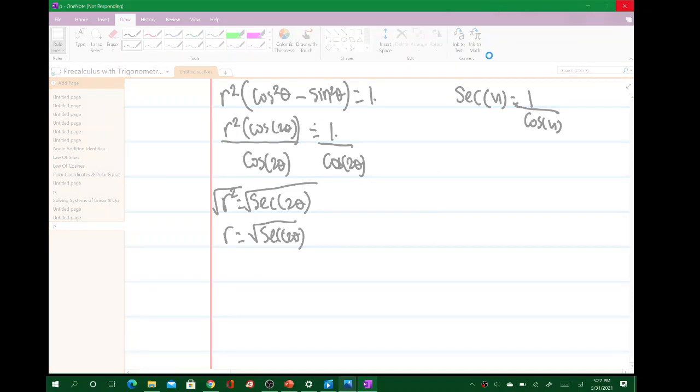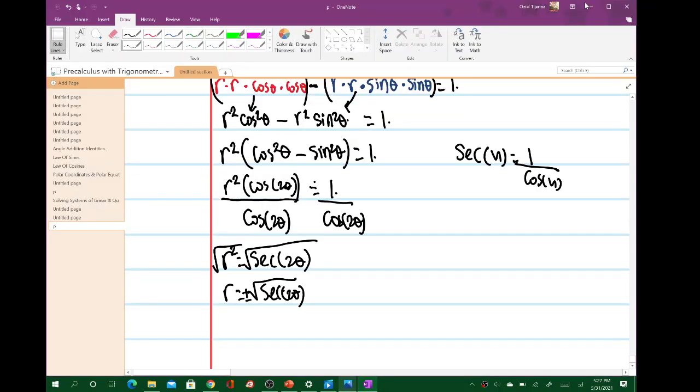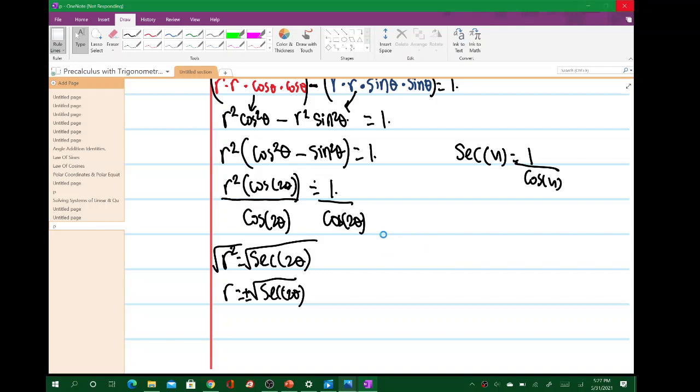So if somebody views this and I made a mistake, please let me know, because I don't have the answer for this one. But I believe that's how it's done. The basic thing here is that you understand how to go from polar to rectangular, or rectangular to polar.